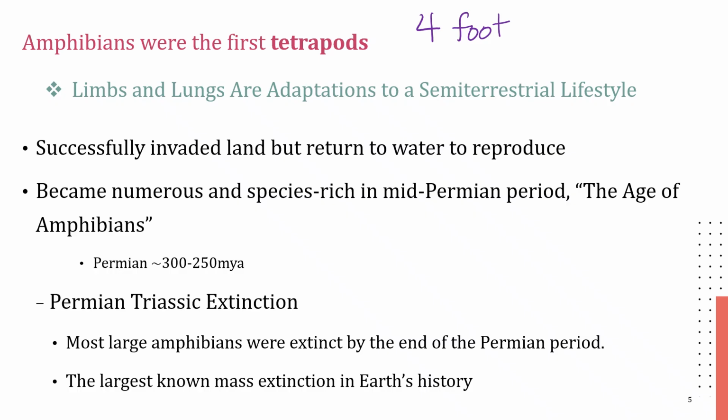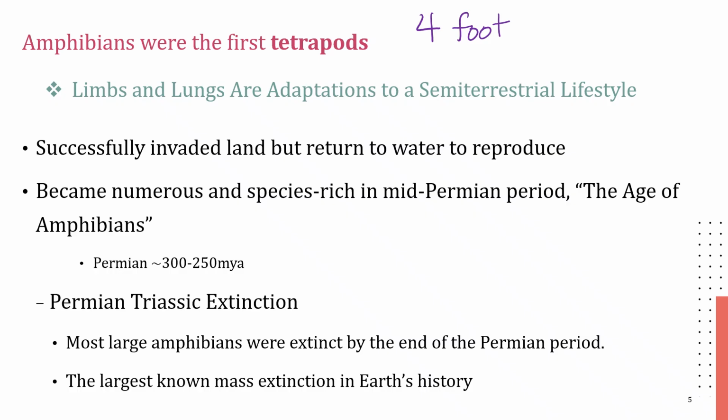So if you think about the amphibians that you know, like frogs, they lay their eggs in the water and they spend their juvenile form as a tadpole in the water, and they don't move out of the water until they metamorphose into their adult form.